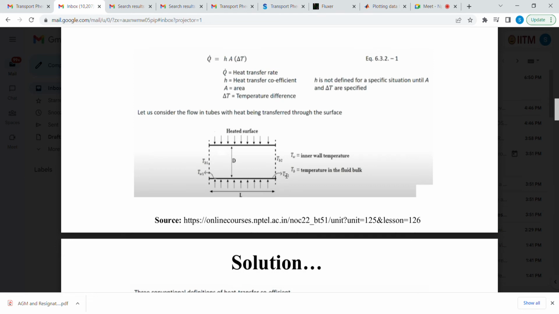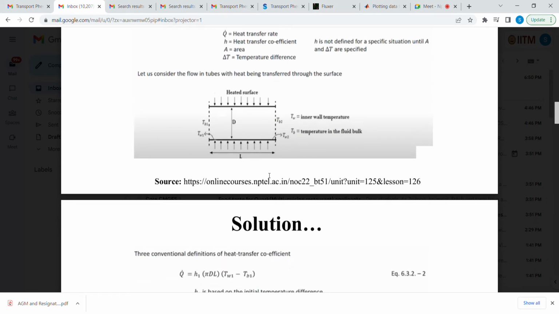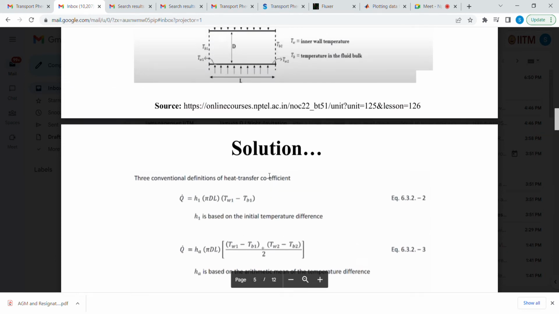So it's something like that. There is TW2 and TB2, and there is going to be a heat transfer in this direction, depending upon where the hot and the cold fluids are. It's just a representative diagram.